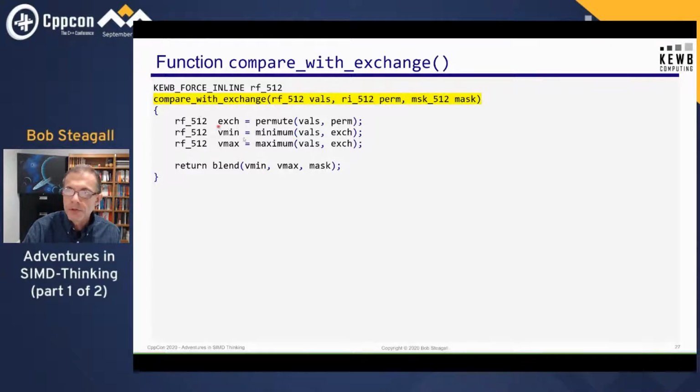This function is called with a register called vals, which has elements in it, a permutation mask, which specifies which elements are to be compared, and a bit mask, which specifies, when I compare 2 elements, which one is the maximum. So let's see how it works.